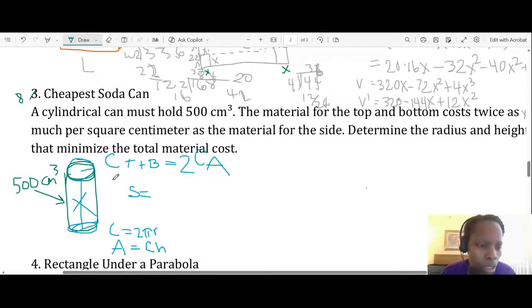And so the area of the circle is pi r squared. 2 pi r squared. Okay.